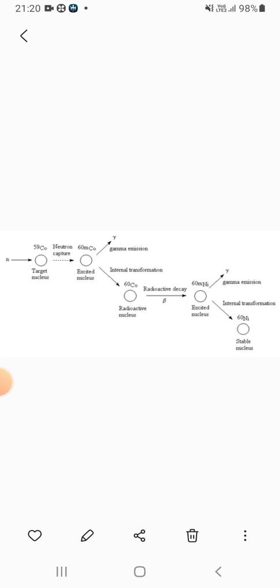And some of its applications are: it is used in forensic science, it is used on historical artifacts for elemental detection, and it is used for checking environmental pollutants. So friends, this is all about neutron activation analysis, which is used for determining the concentration of elements even in trace amounts.